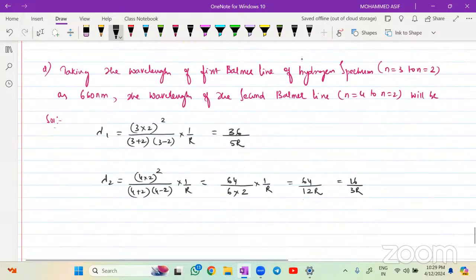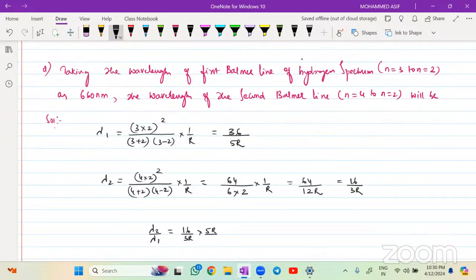Now it is asking the wavelength of the second Balmer line, that is lambda 2. We know that lambda 2 divided by lambda 1 will be equal to how much? Lambda 2 is 16 divided by 3R multiplied by 5R divided by 36. This R and this R will get cancelled.